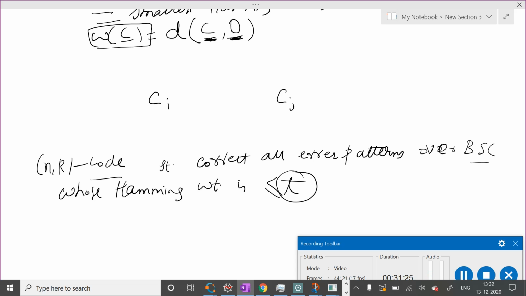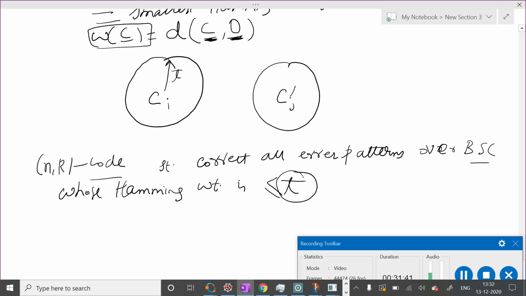Okay, now what we can do is draw a circle or a sphere around it with a radius t, and similarly around this one with radius t. If you choose code words such that they don't overlap, then suppose you transmit CI and the received vector stands here, R. There is an error, but it is here.